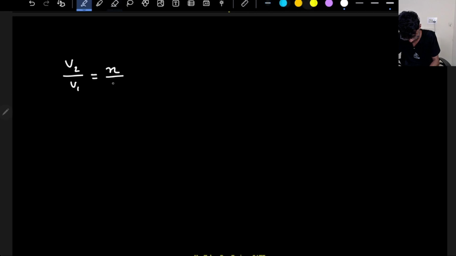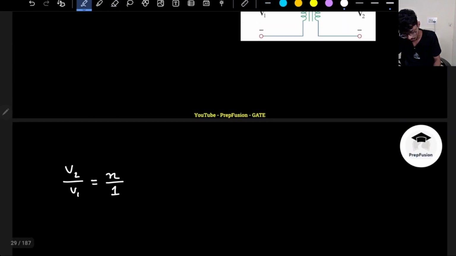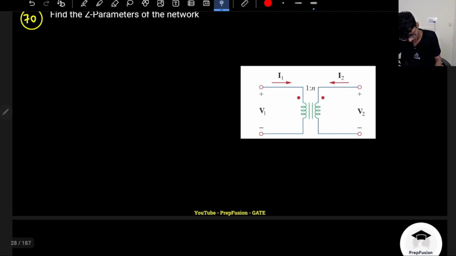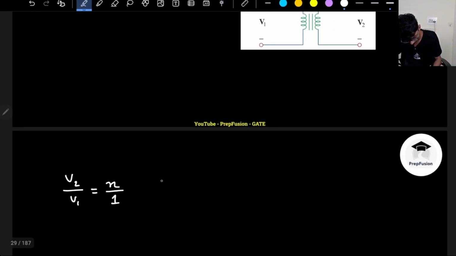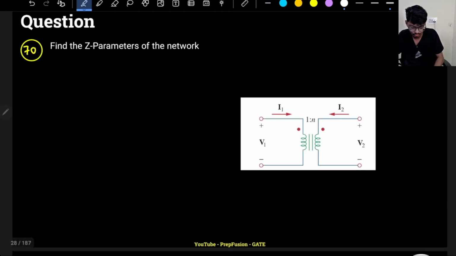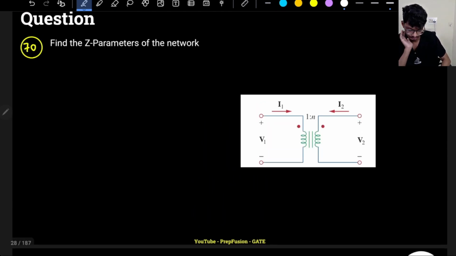What about the current? So current turn ratio is the opposite, right? So it is I1 by I2 equals N by 1. Okay, so these are the turns ratio basically.